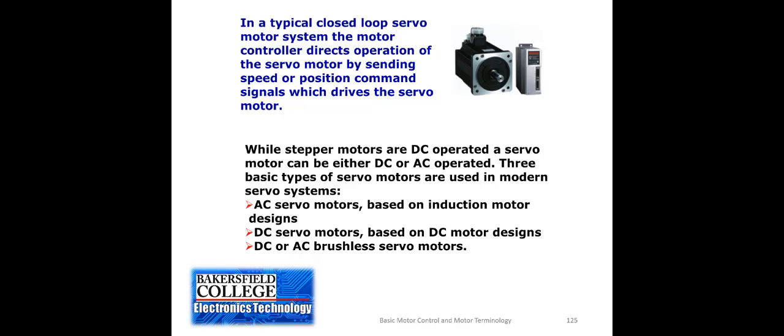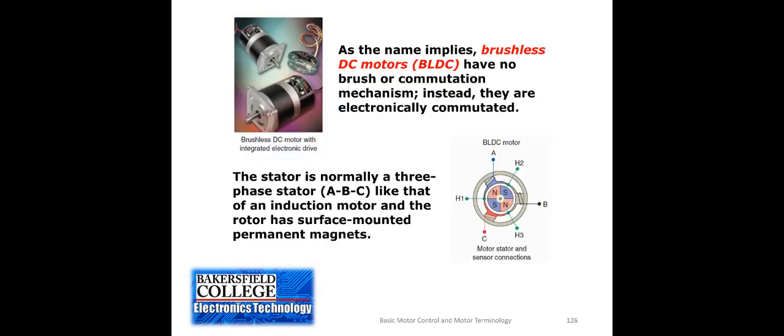There's a lot more to servo motors that we'll talk about later. Some of these differences are not going to be talked about in this particular presentation, but when we get further into it. A brushless DC motor is a common type of motor that's used for servo motor systems.